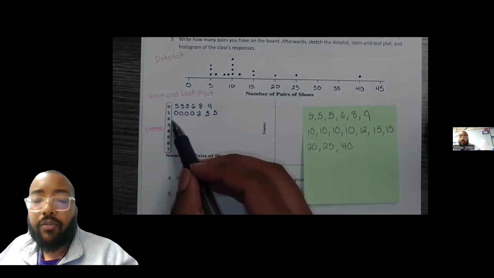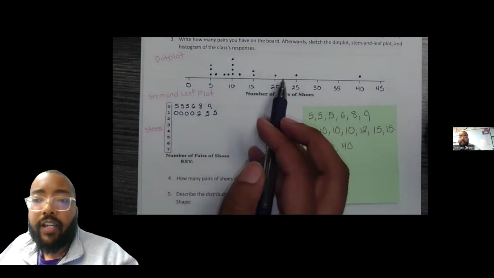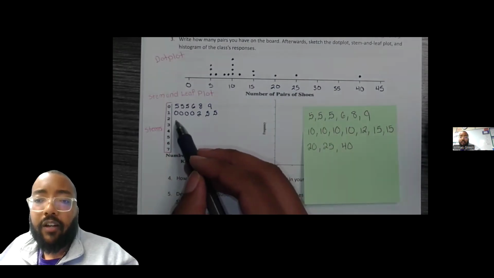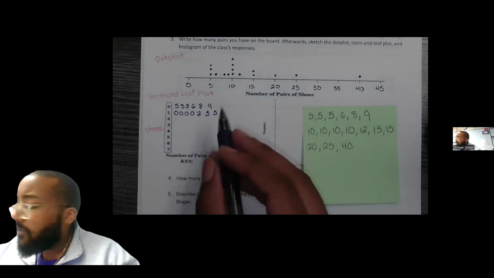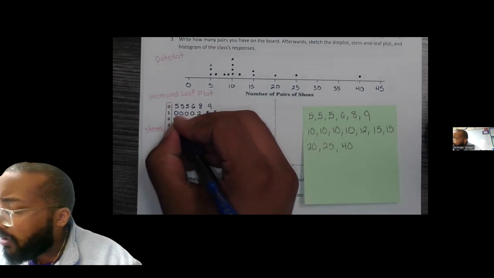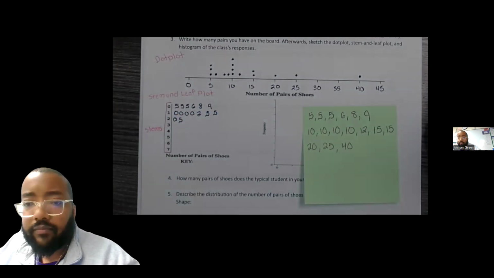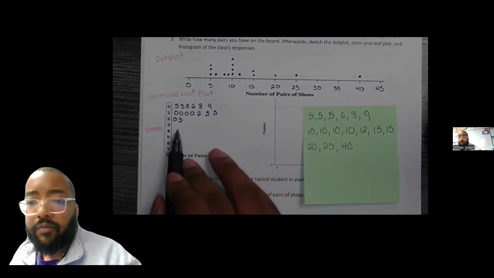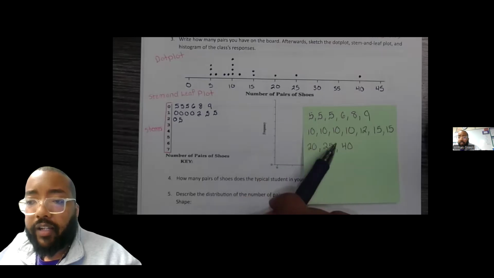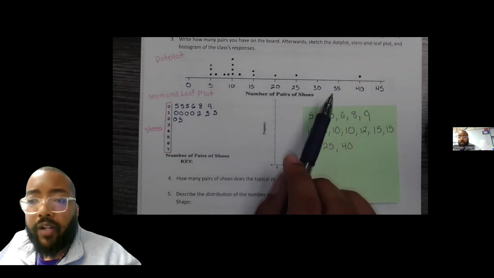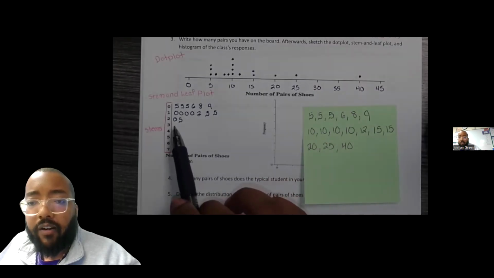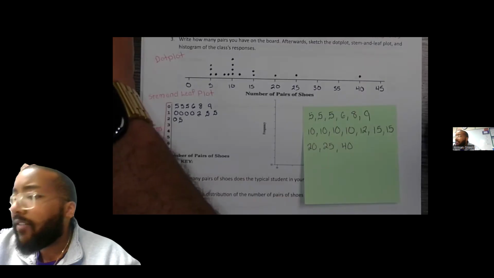Now, if I'm moving in my 20s, well, I have a 20 and I have a 25. So that means that the leaves that go along with this row here should be 0 and 5. Now, note here in our dot plot or in our data, we have no numbers between 30 and 40. So that means that for our stem and leaf plot, we're going to have a gap here.